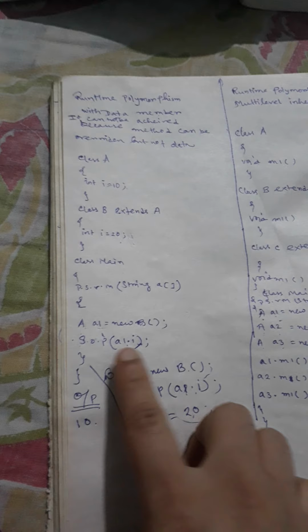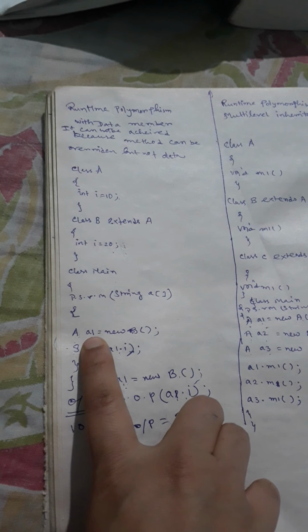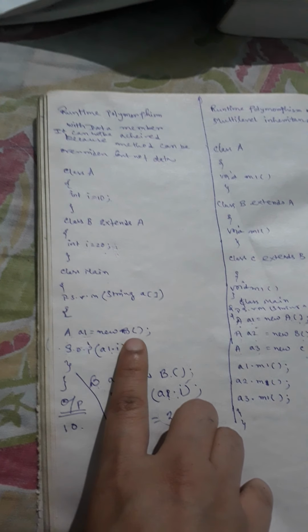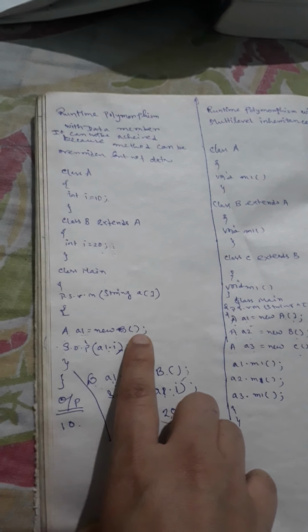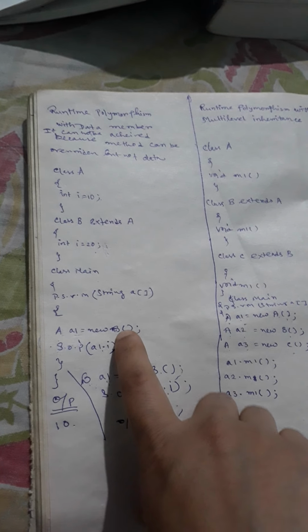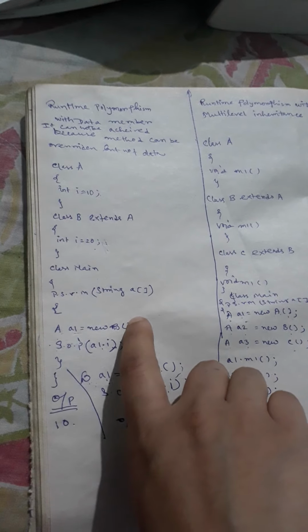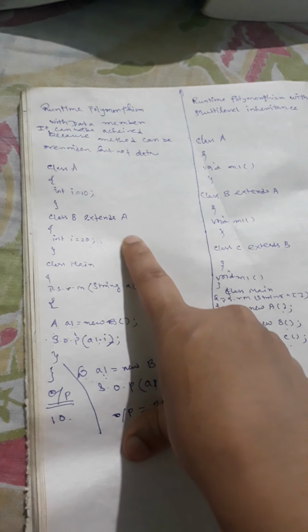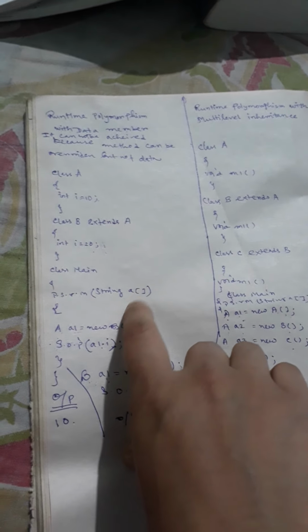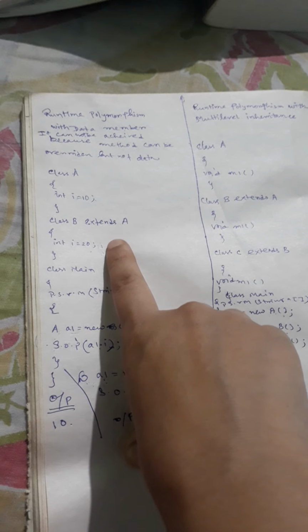So using a class A reference variable with the B constructor, it would definitely call the B class, but this does not happen because this is not overridden.